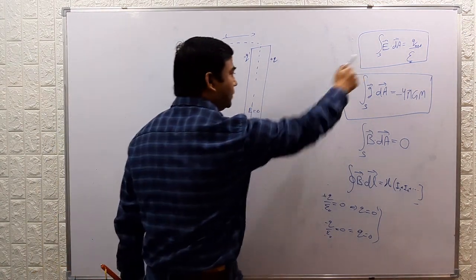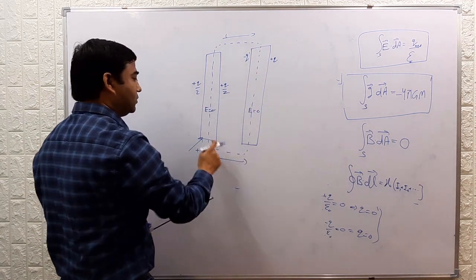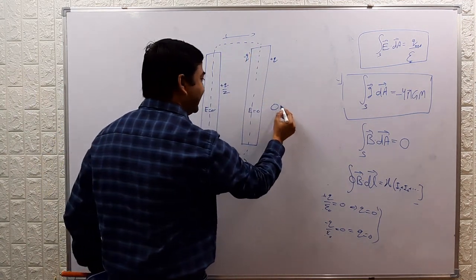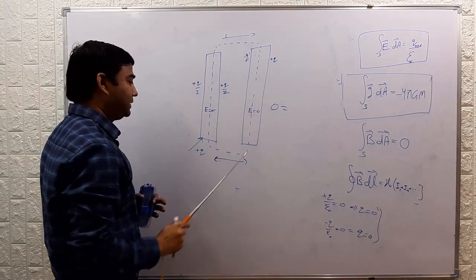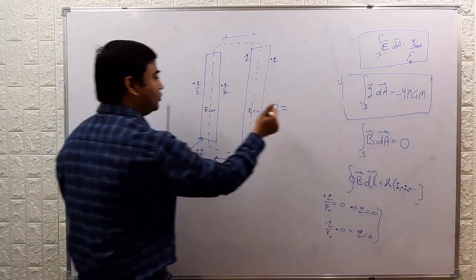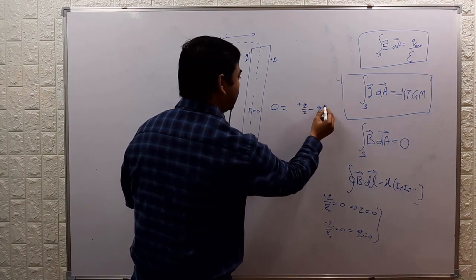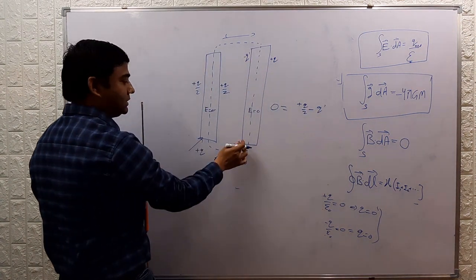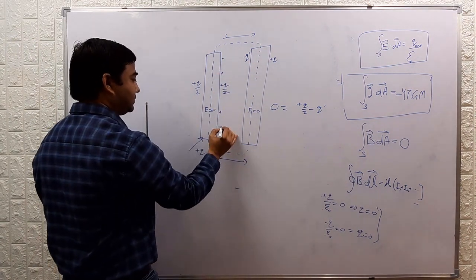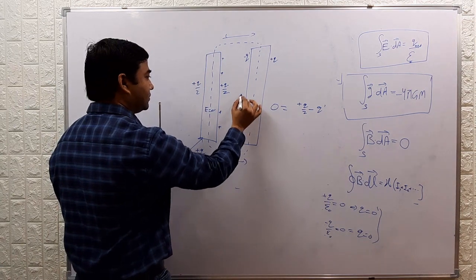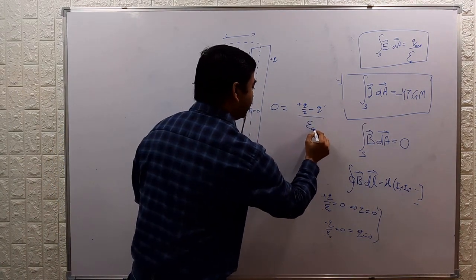So the total dot product will be 0 for this Gaussian surface, and this is equal to the charge enclosed by this surface. Charge is plus Q by 2 minus Q dash, this surface charge, and plus Q by 2, this surface charge, divided by epsilon 0.